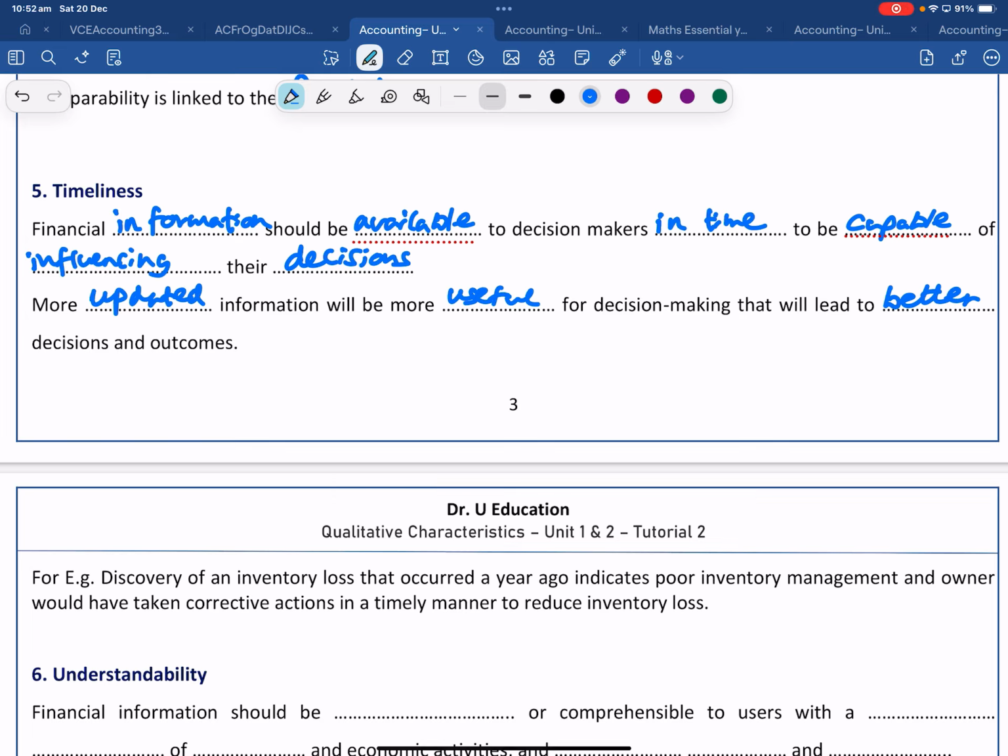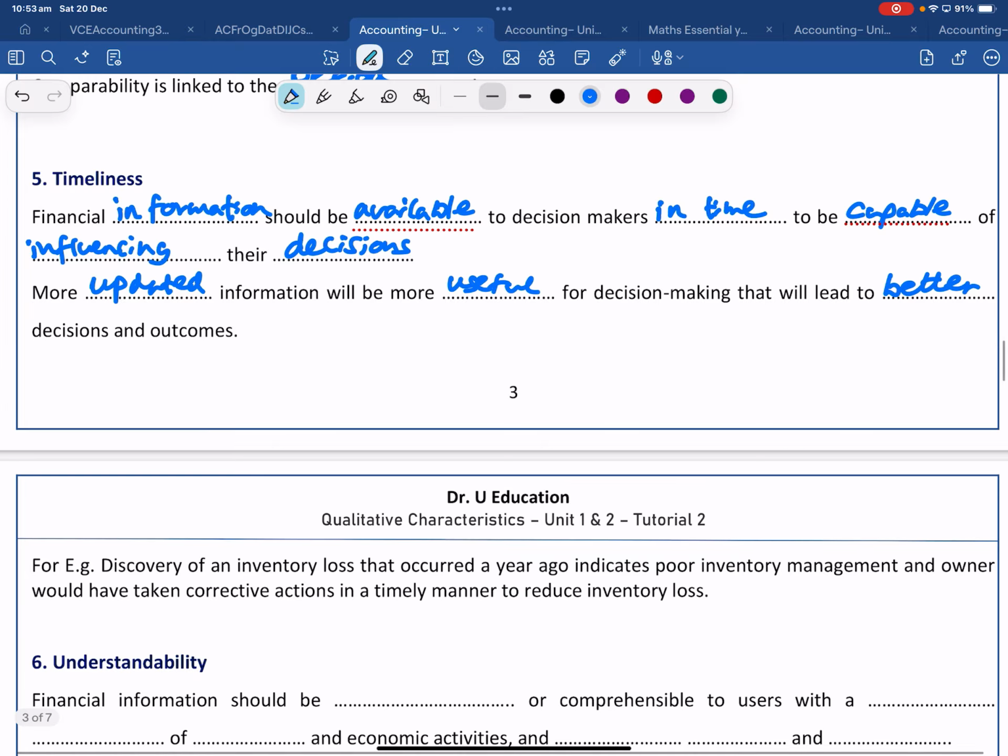The doctor can't prescribe medicine based on a report from three months ago. It doesn't make sense. Same thing if you need a weather report: no point referring to a weather forecast from last week or a month ago. Now the weather has changed, so we have to get more updated information for our decision making.